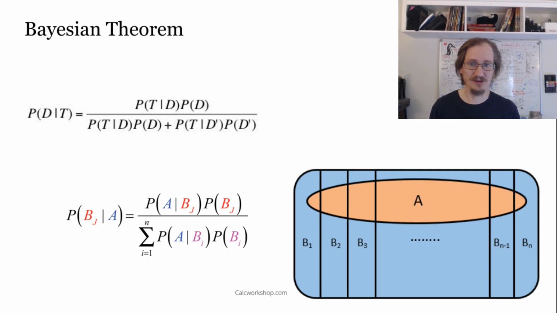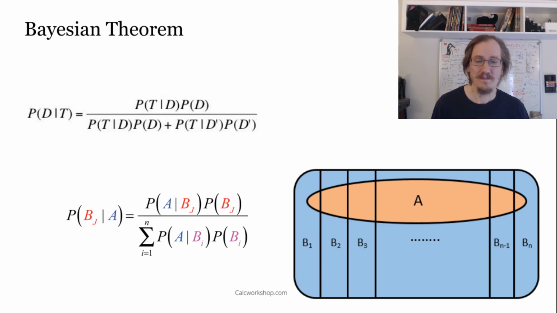Probability the test is true. What's the probability you have the disease? Well, the probability you have the disease is the probability that you have the disease in general, independent. Maybe 5% of the population has the disease, right? That's going to be probability of D. And then the probability of D prime is going to be the complement of that, so 1 minus 5%. It's going to be 95%, right?